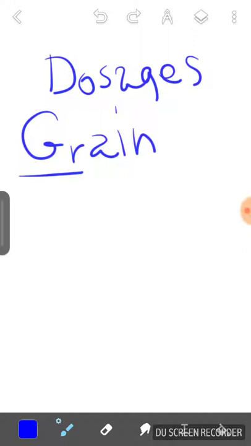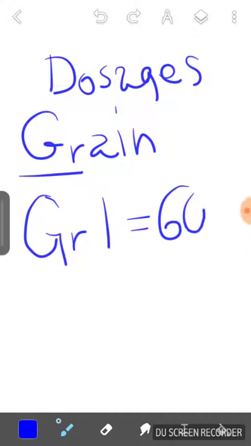But here we will see that one grain is equal to 60 milligrams.